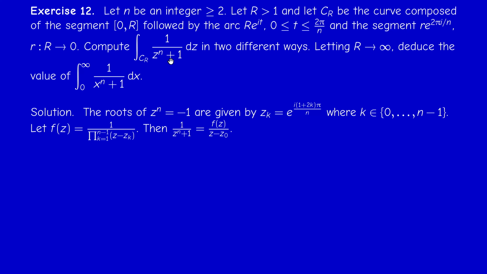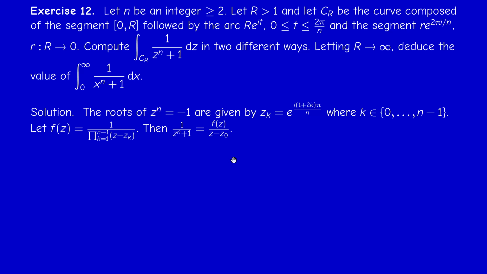So z^n plus 1, according to what you said, is the product, and f is the inverse. So I put 1 over the product except for z minus z0, and I divide by z minus z0.